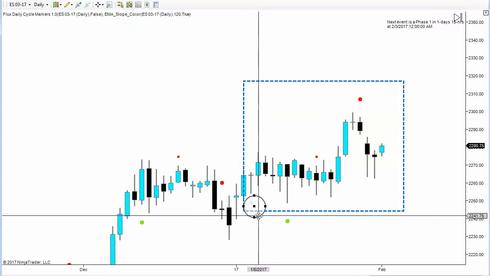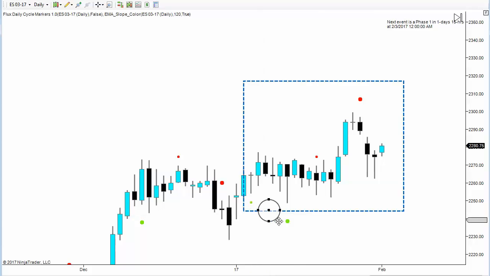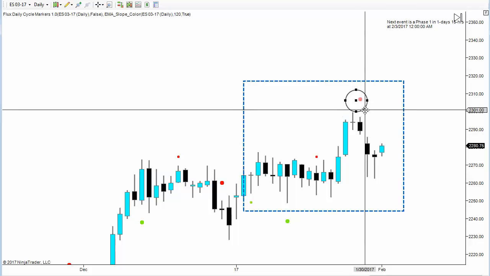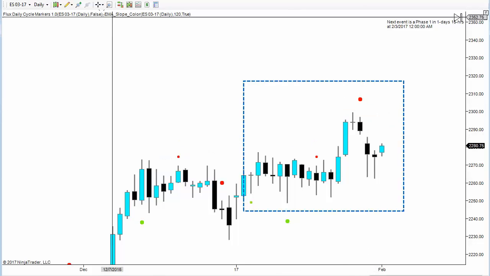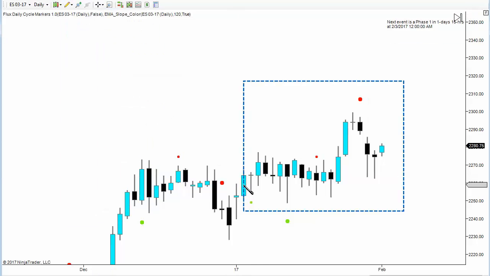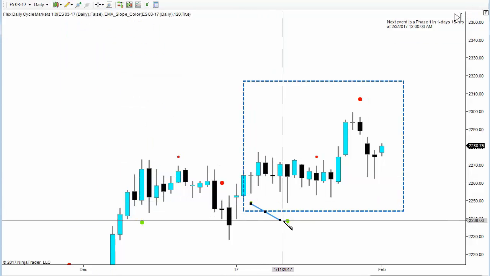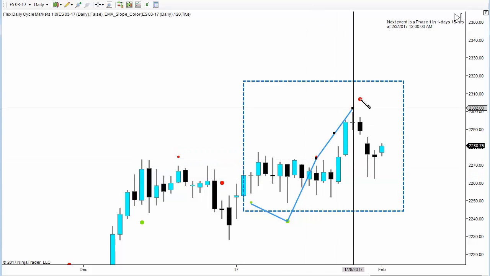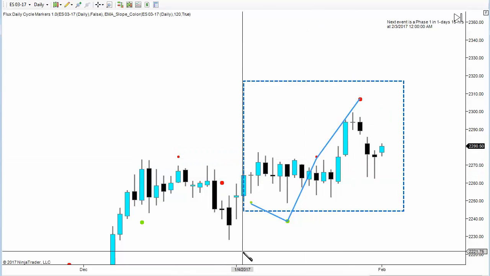There's a star in the lower corner here. There's a star here. There's a star here. And there's a star here. That's where the phases are being drawn. And so I can almost take a line and connect my dots. Right?